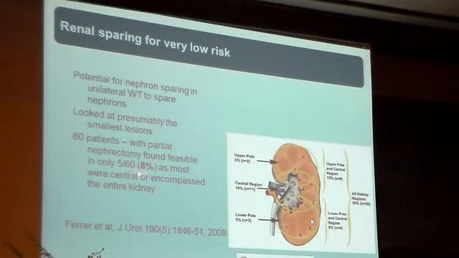So again, the problem with partial nephrectomy right now is that adult urologists do a lot of nephrectomies. With pediatric urology, where you only have 6, maybe 8 Wilms tumors a year, you don't have the experience that the adult urologists have in doing partial nephrectomy, but that's something that I think should be considered in the future and is considered for bilateral tumors, and we'll talk about bilateral tumors in a minute.